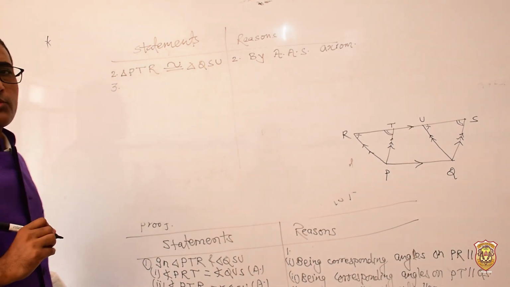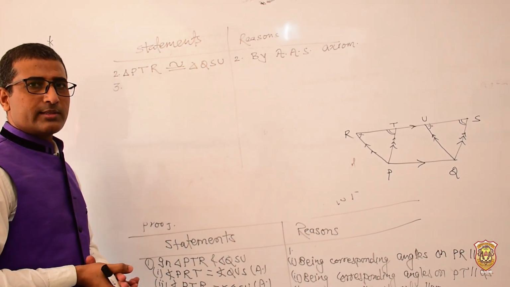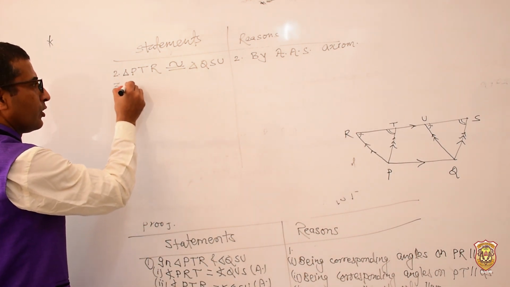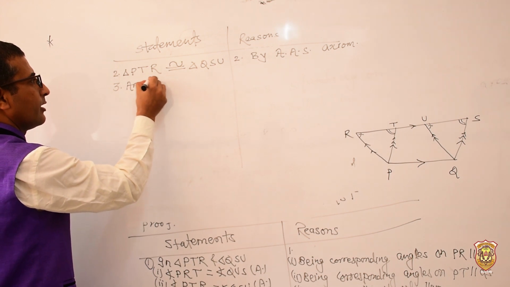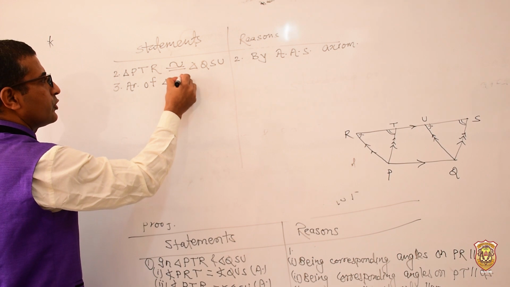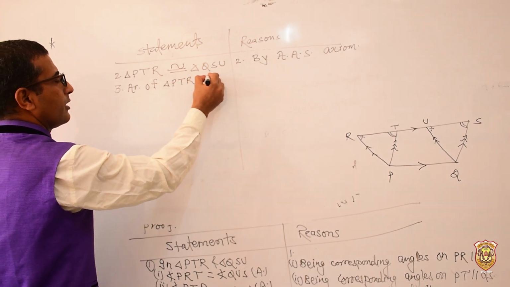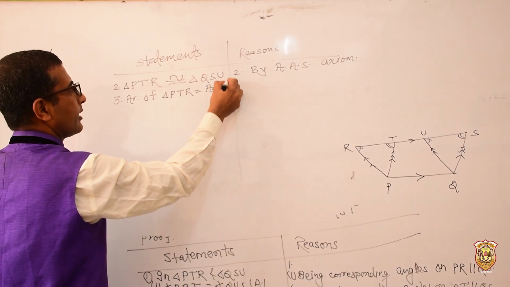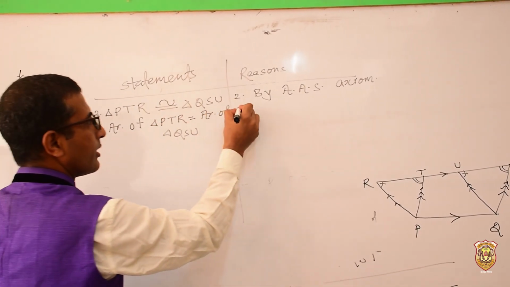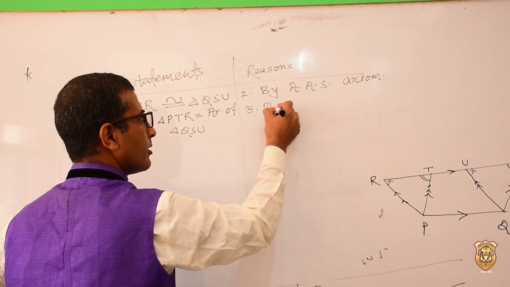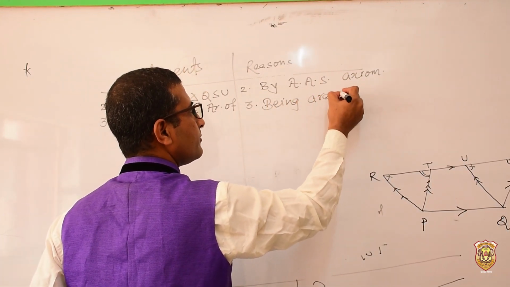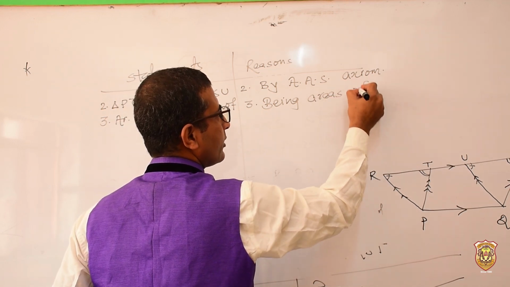One of the properties of congruent triangles is they are equal in areas. So we can write area of triangle PTR equals area of triangle QSU, that is being areas of congruent triangles.